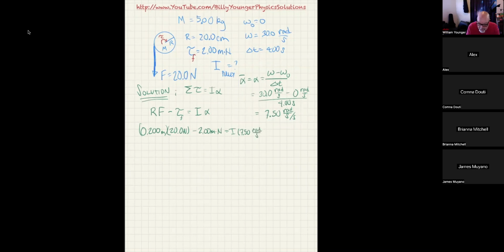radians per second. Now I can see that basically 0.2 is the same thing as 2 over 10. So if I multiply, or if I take 20 and divide it by 10, I get 2. And then I multiply it by 2, that's 4.